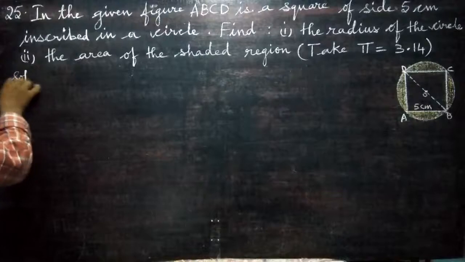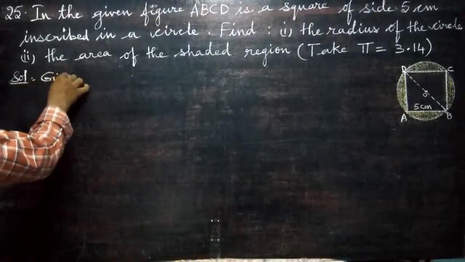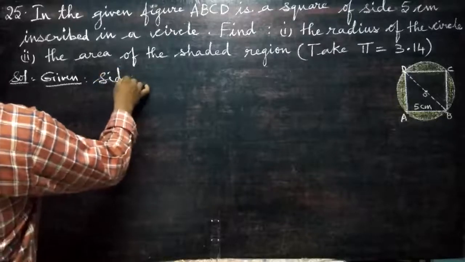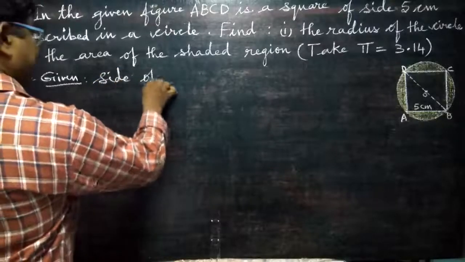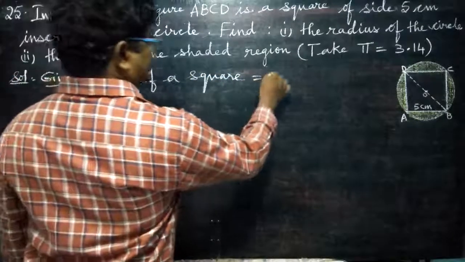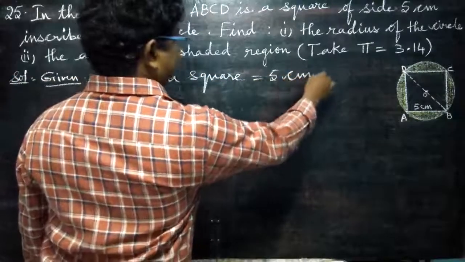Solution. What is given? They have given the side of the square, 5 centimeters.